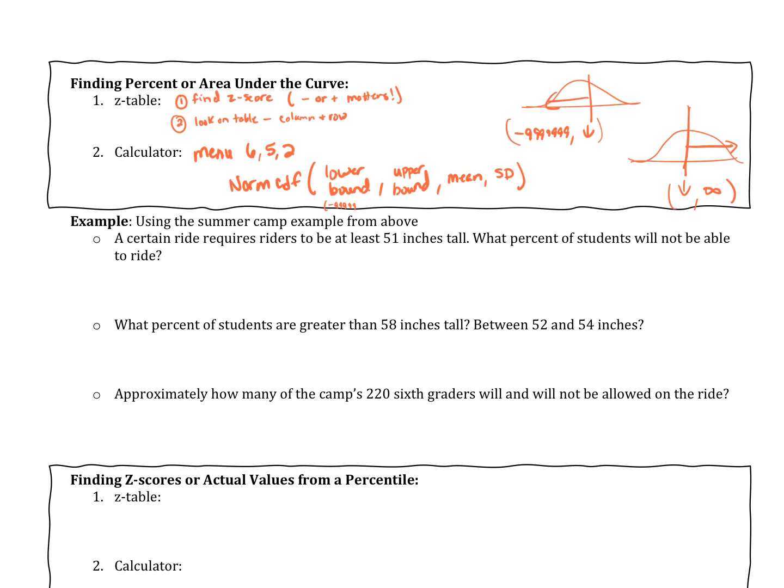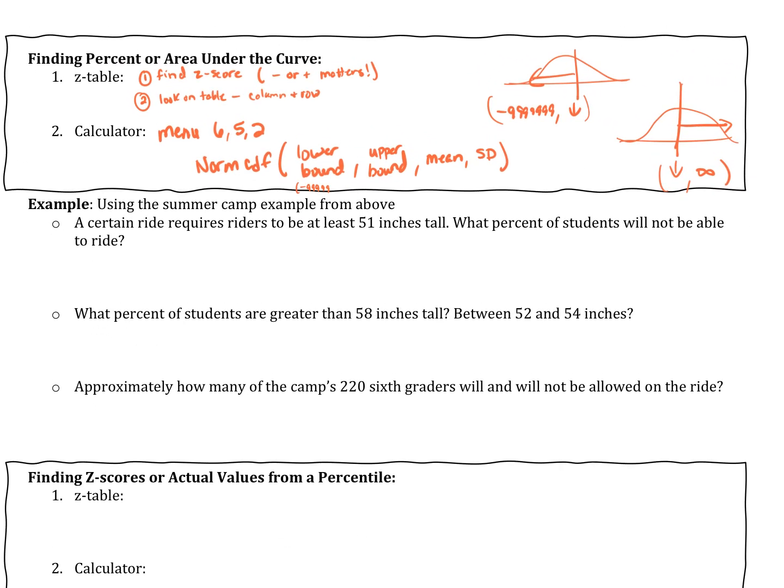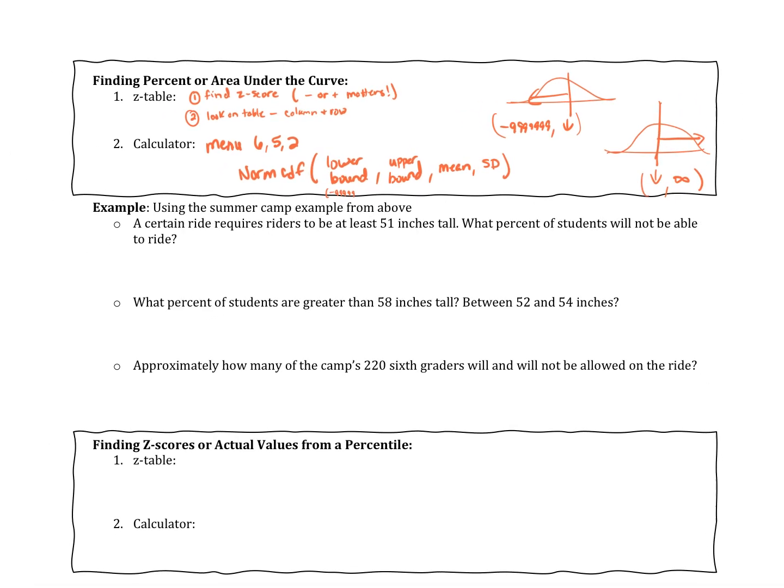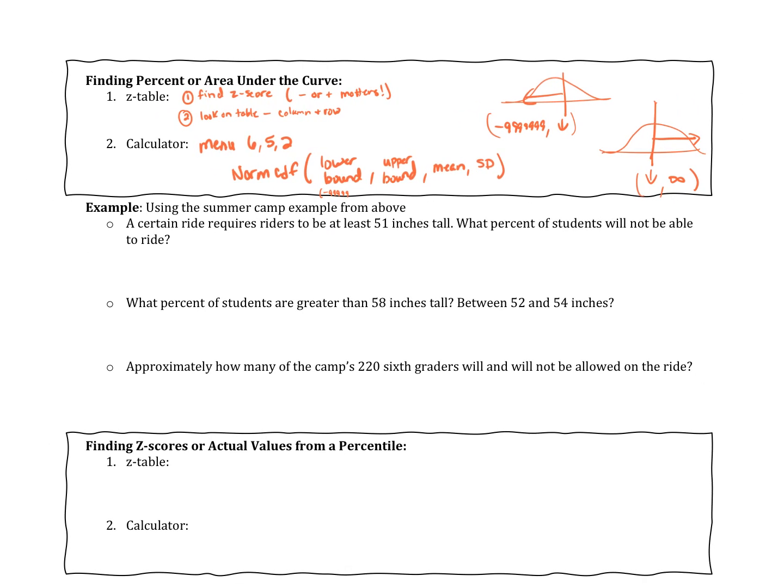So using that summer camp example, it says a certain ride requires riders to be at least 51 inches tall. What percent of students will not be able to ride? So that means we want the people who are not going to be able to ride, who are less than 51 inches, right?